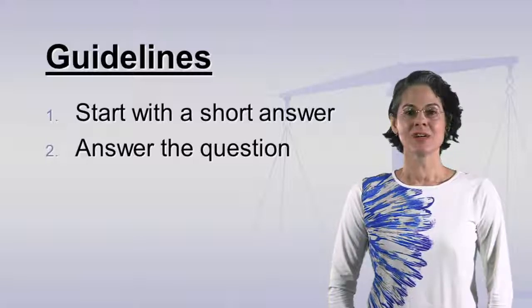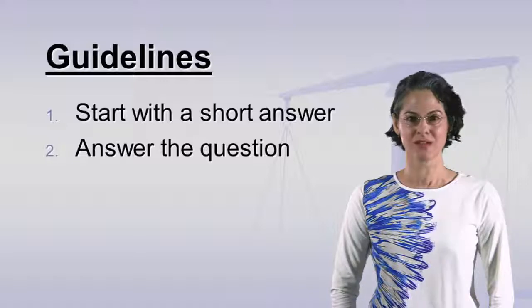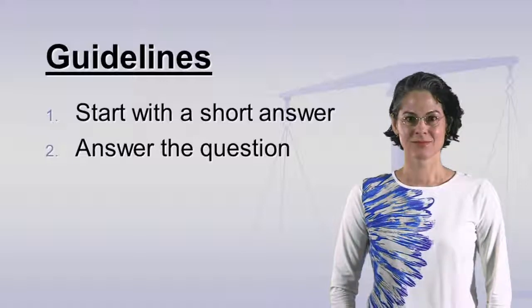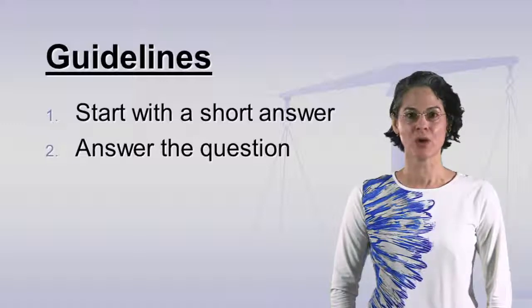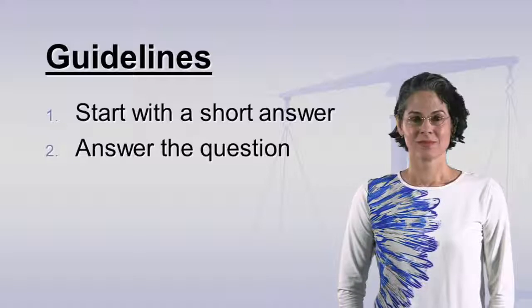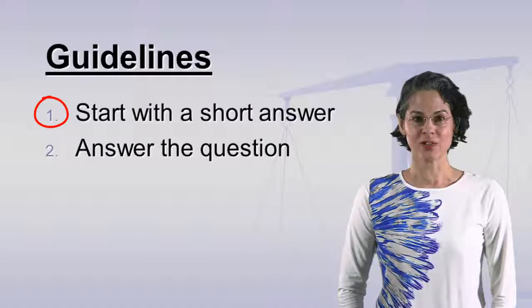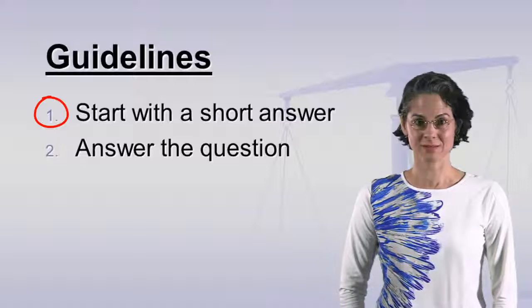Let's take a look now at some guidelines I've developed to help my students write strong answer sections. There are 5 total guidelines, but I'm going to focus for now on only the first 2. The first part of the answer section is a 1 to 3 word sentence.